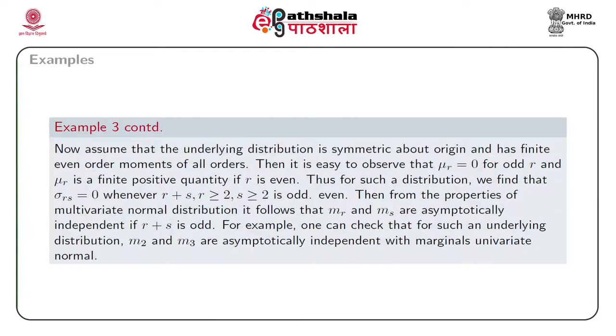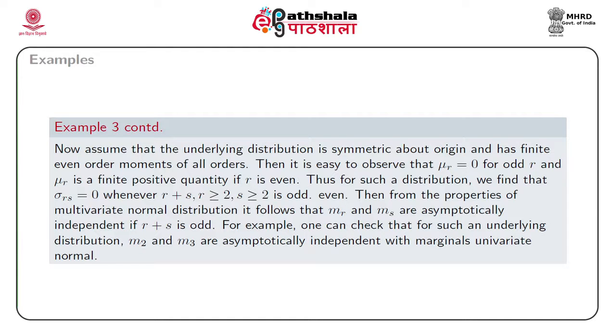Assume that the underlying distribution is symmetric about the origin and has finite even order moments of all orders. Then it is easy to observe that mu r equals 0 for odd r, and mu r is a finite positive quantity if r is even. Thus, for such a distribution, we find that sigma rs equals 0 whenever r plus s is odd.